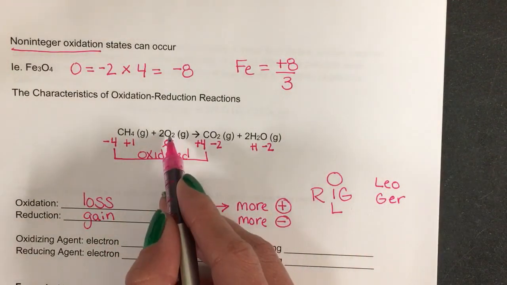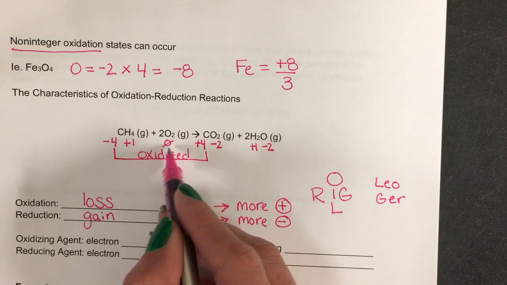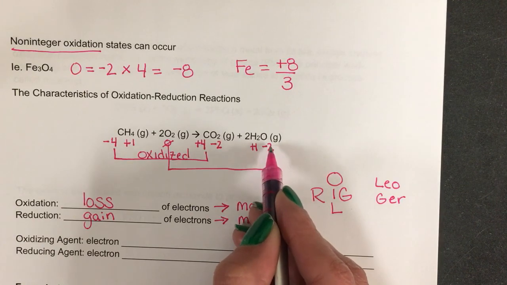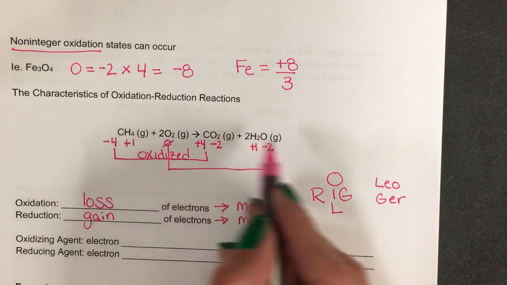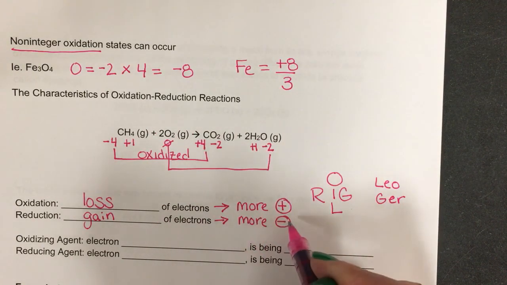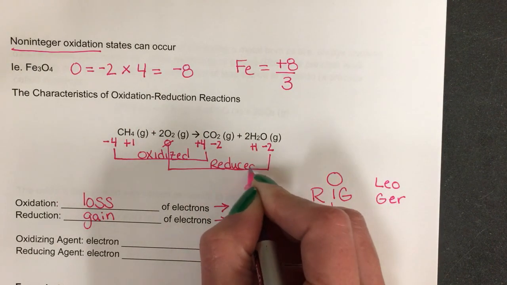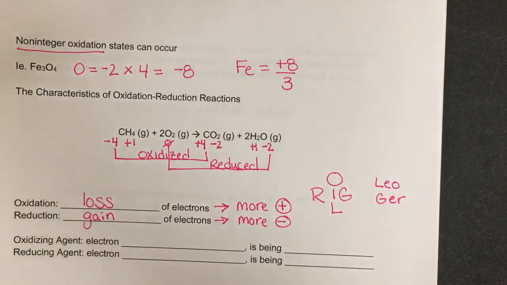Well, I've got oxygen, which was 0. Now I've got oxygen, which is -2. 0 to -2, it became more negative. It was reduced. In an oxidation-reduction reaction, I always have to have both things happening. Somebody's gaining electrons, somebody's losing electrons.